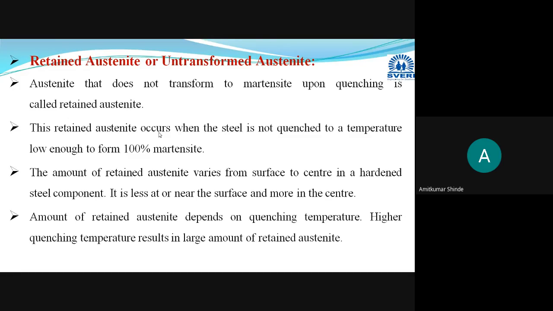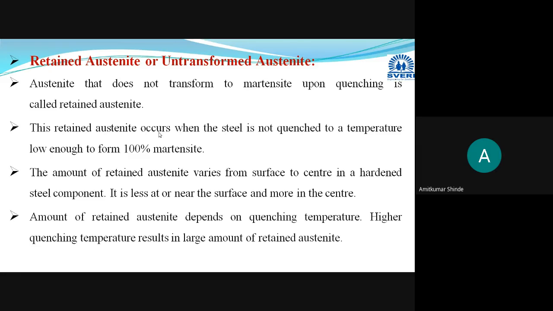That's why it is almost impossible to transform 100% austenite to 100% martensite at room temperature. Some amount of austenite will remain as it is at room temperature also. It will be termed as retained austenite or untransformed austenite.